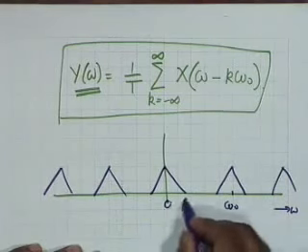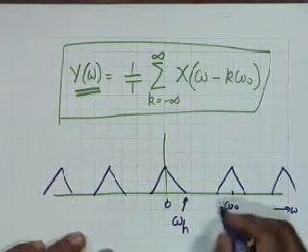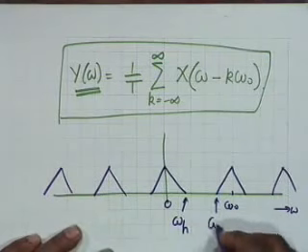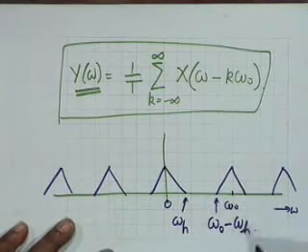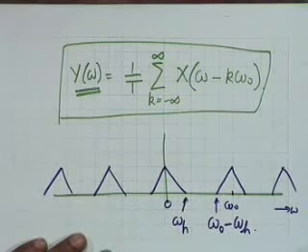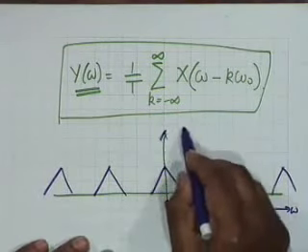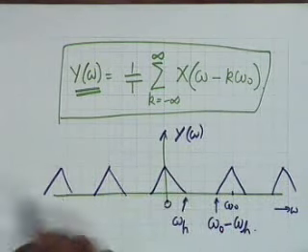Now obviously if we say this is omega h, the highest frequency content, then this would be omega 0 minus omega h. All right. And if these two are distinct, then obviously I can recover this spectrum.